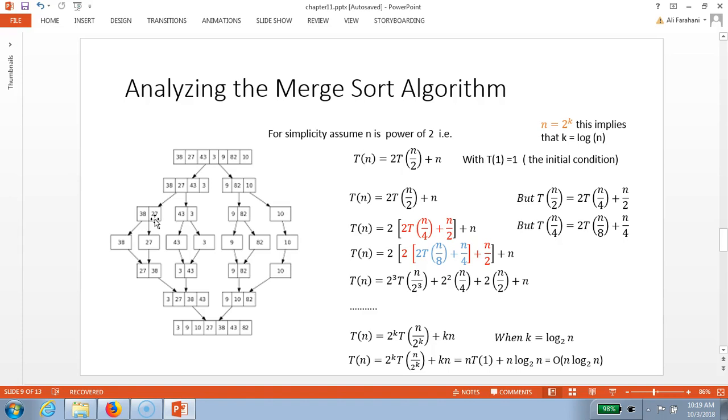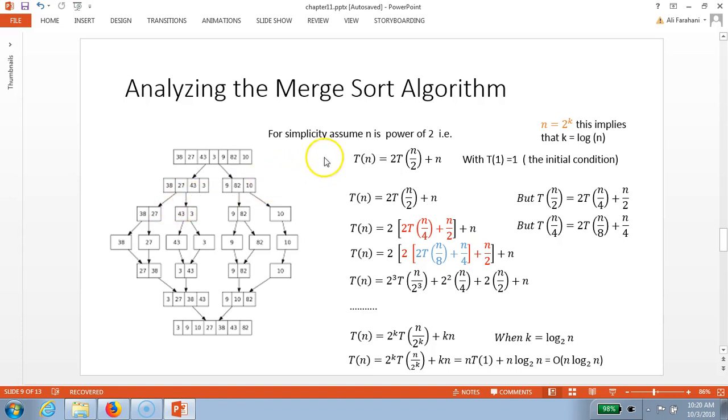Each of those sublists will again split into two sublists of size n over 4, right? This continues until you reach the base case of the algorithm, where you have single elements, and then you start merging the elements.